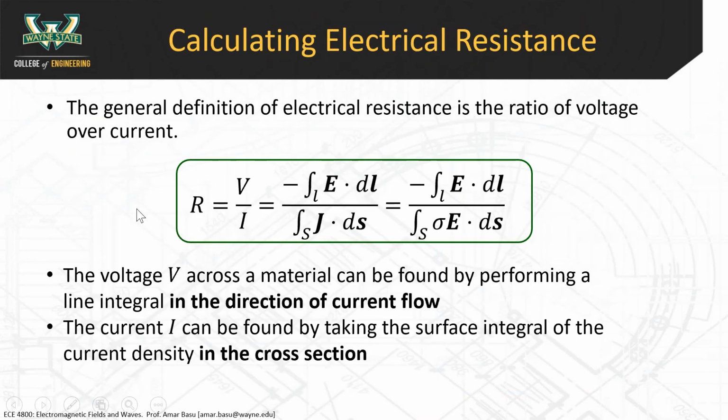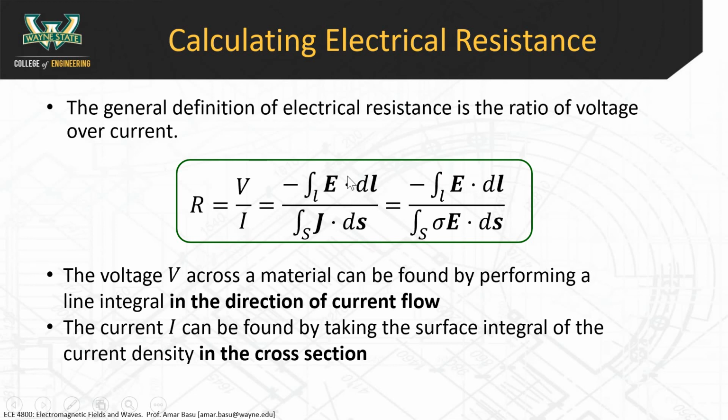The strategy for solving these problems is to do voltage divided by current. To find the voltage, you have to take the integral of E dot dl. This is the definition for voltage that we found in the electrostatics chapter. And for current, you have to do the integral of J dot ds.